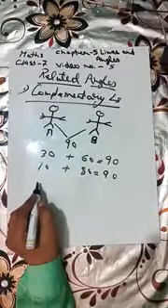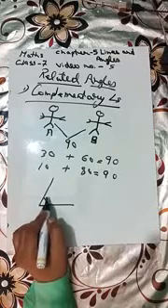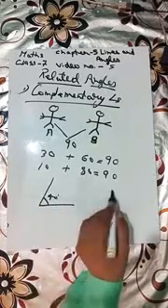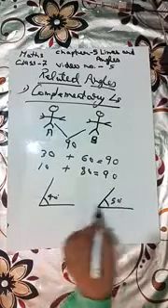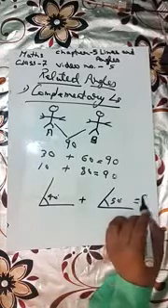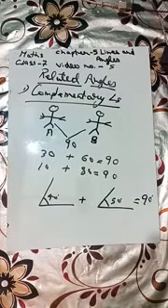Likewise, we have complementary angles. So any two angles, like suppose this is an angle of 40 degrees, and another angle which is 50 degrees. Together they form 90 degrees. So these are called complementary angles.